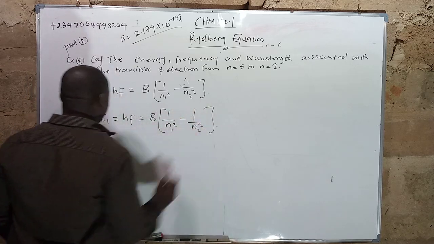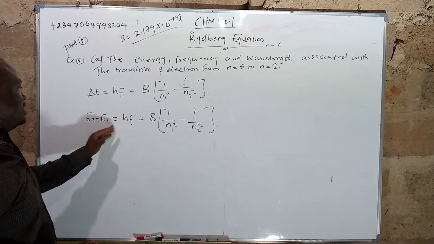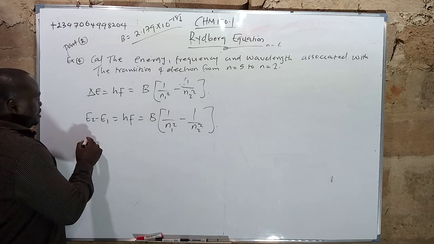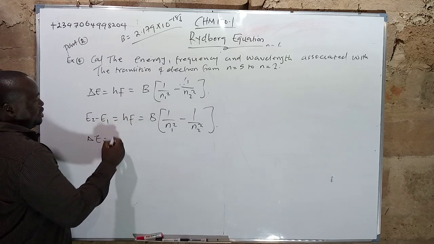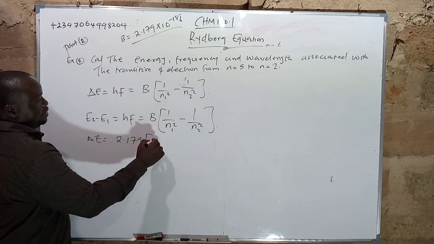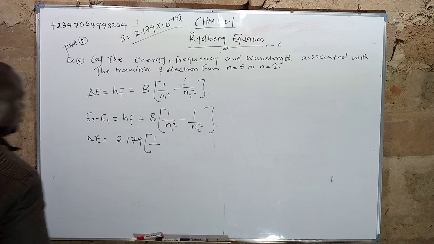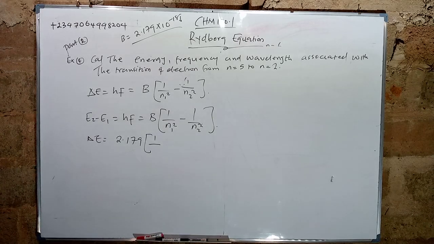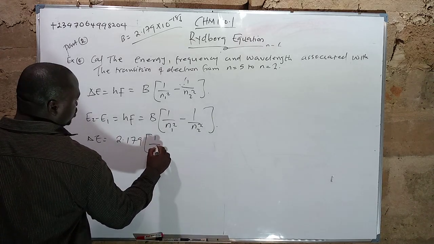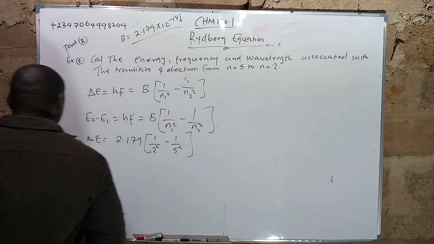Now, we want to calculate first. Let me calculate the energy. So the change in energy here is 2.179 times 1 over, and remember I always tell you that your n2 must be greater, so you have 2 square minus 1 over 5 square, right?